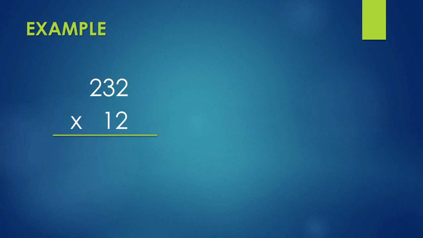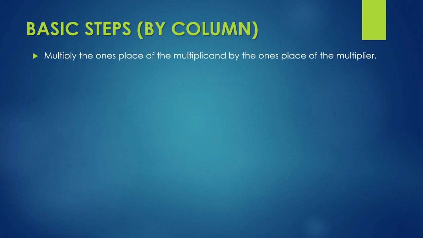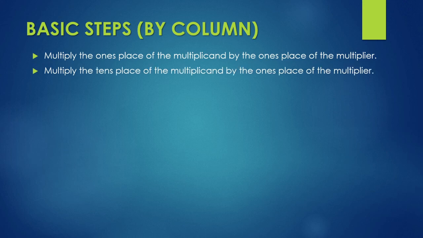We have 232 times 12. So in this arrangement, we can say that it suggests a long method or long multiplication because it's arranged in column. Now, what are the steps in multiplying numbers using the long multiplication? First, we multiply the ones place of the multiplicand by the ones place of the multiplier. Next, multiply the tens place of the multiplicand by the ones place of the multiplier.